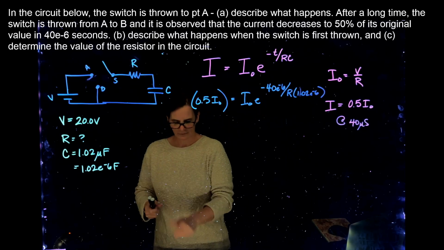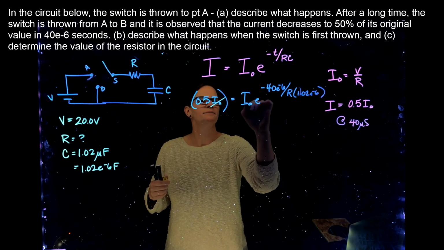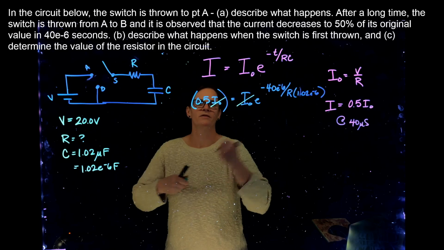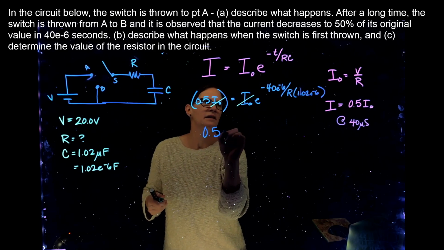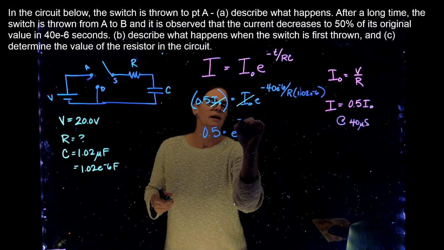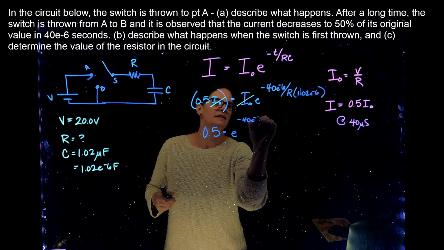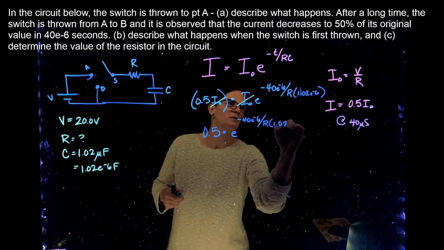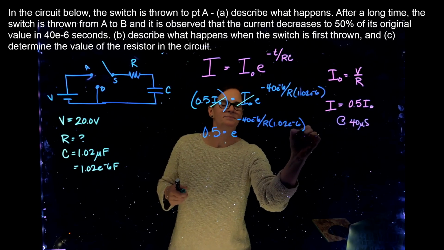That's kind of nice. My I naughts cancel, and I'm left with 0.5 equals e to the minus 40 times 10 to the minus 6 over R times 1.02 times 10 to the minus 6. I'm leaving it in this form on purpose.